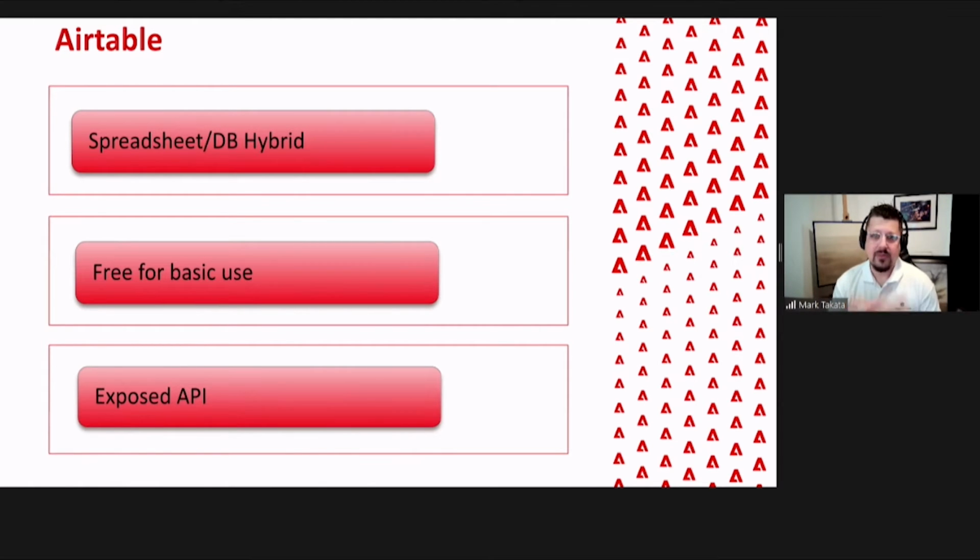You can even have some team members in there with you and share things. It's really powerful. They do, of course, have other tiers, and I'm going to talk about that a little later, where you do have to pay. And the important thing, and the reason that I'm using Airtable, is because it has an exposed API.